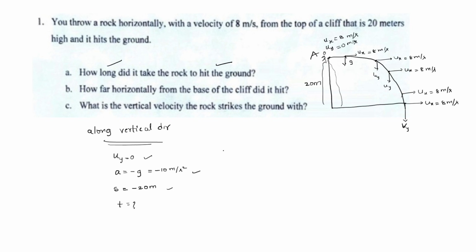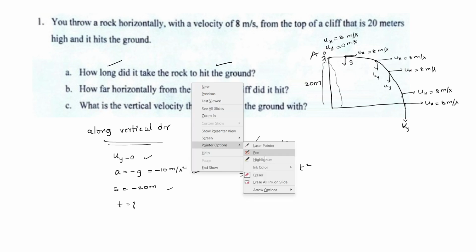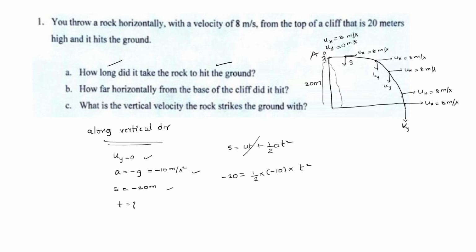So I can use the second equation of motion, s is equal to ut plus half at square. Since initial velocity is 0, s will become half into minus 10 into t square, and s can be replaced by minus 20. So 10 ones are 10, twos are, so 2 twos are 4, is equal to t square.